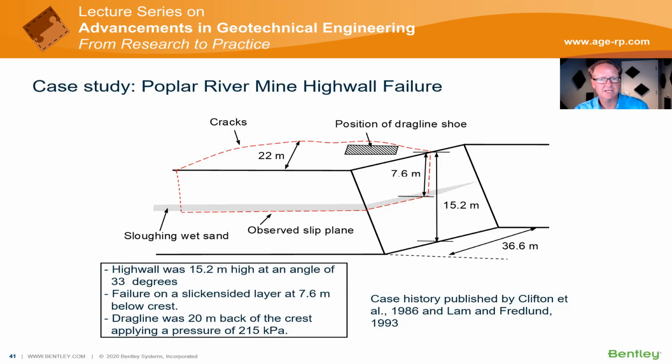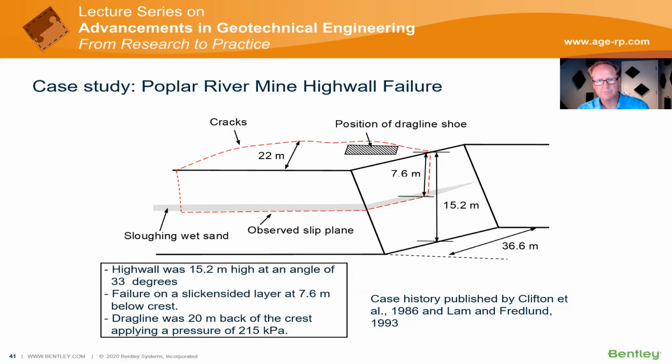What's nice is this was close to failure, and it's a very three-dimensional problem. The original work was analyzed in 1986 by doing a back analysis in 2D. Then in 1993, Lamb and Fredlund analyzed it in a three-dimensional method.